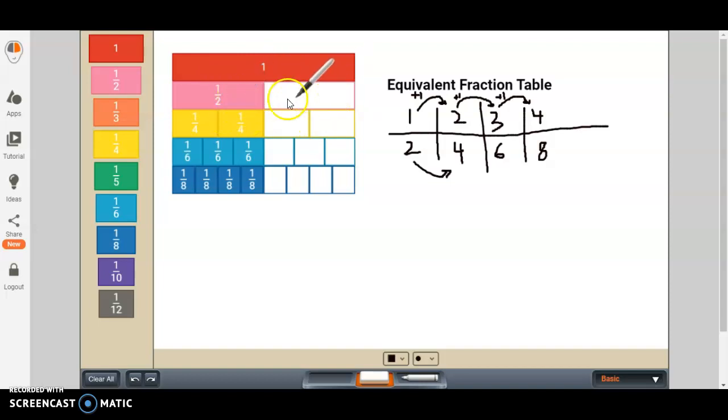And if I want to keep these pieces equal, I had to cut both of them, right? So if this became 2 pieces, this had to become 2 pieces. So I was adding in 1, 2 pieces. And if I was adding another piece after this, I had to add 1, 2 pieces.